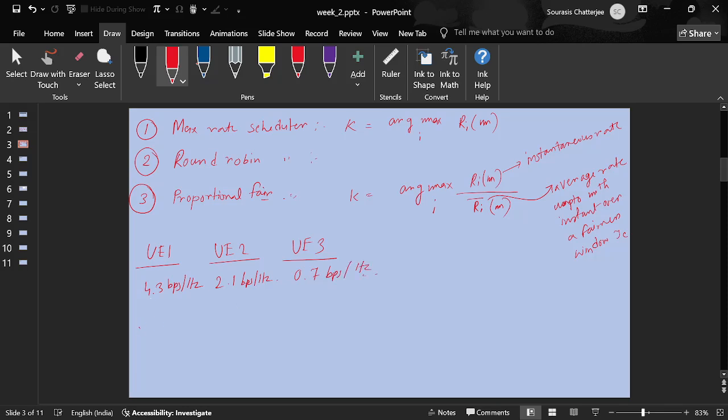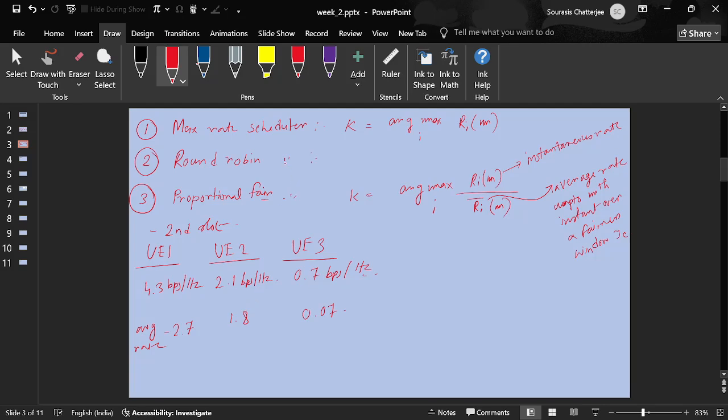Here the average rate, and we are talking about the second slot. Average rate for user 1 is let's say 2.7, for user 2 it's 1.8, and for user 3 it's 0.07.